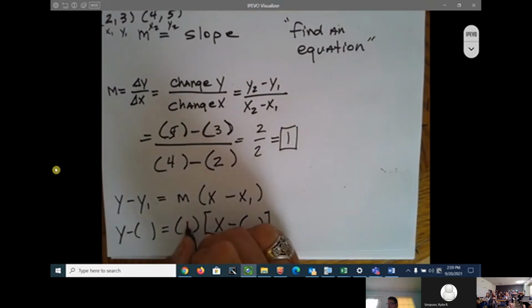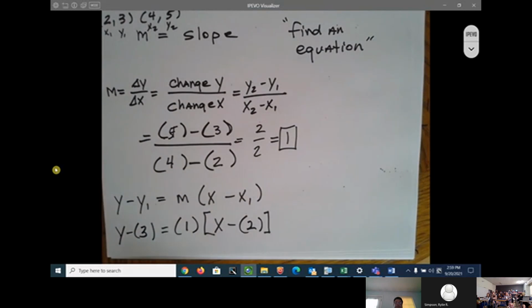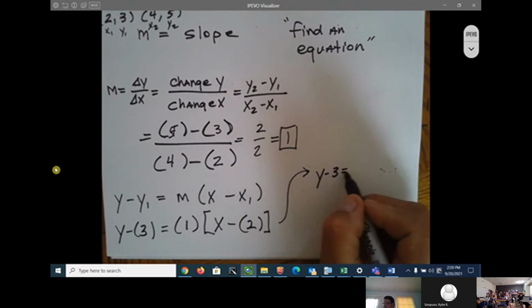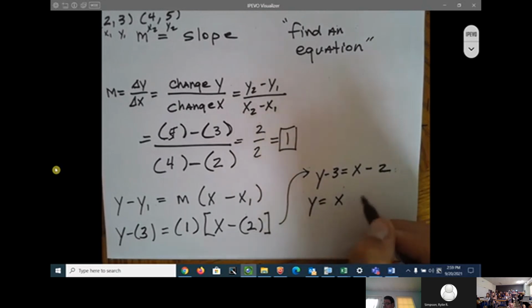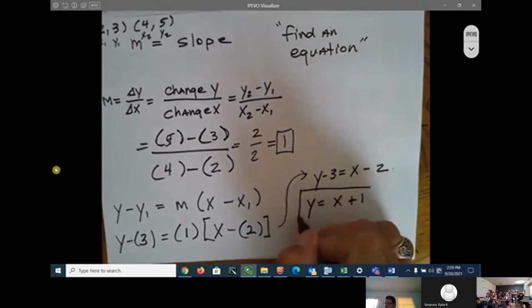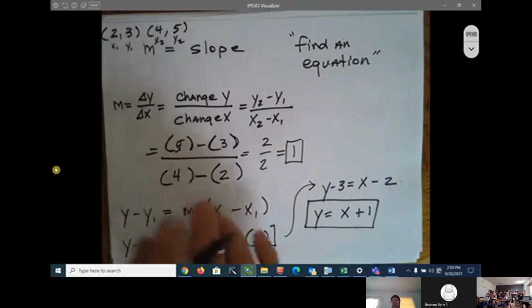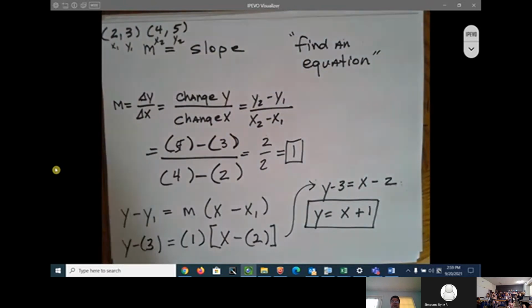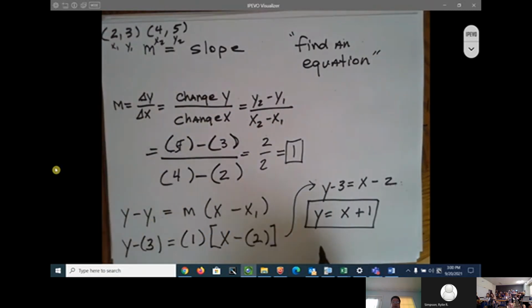And 1 goes here, 3 goes here, and 2 goes here. y minus 3 is equal to x minus 2. y is equal to x plus 1. Now, will you be tested on this? Yes. So make sure you can calculate the slope and you can find an equation.